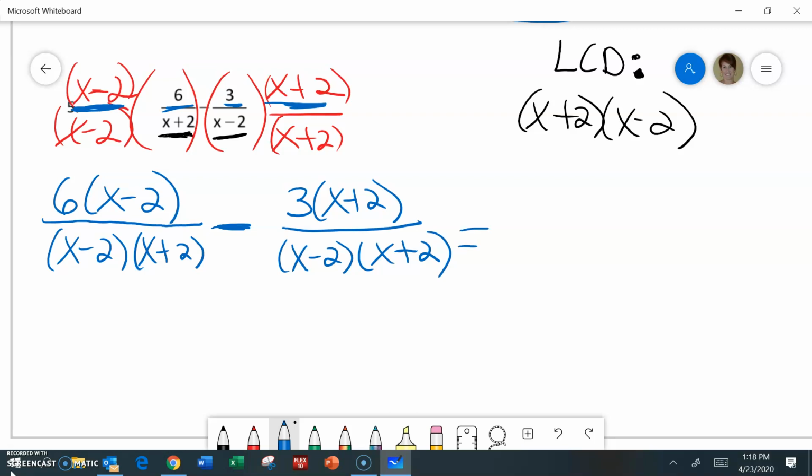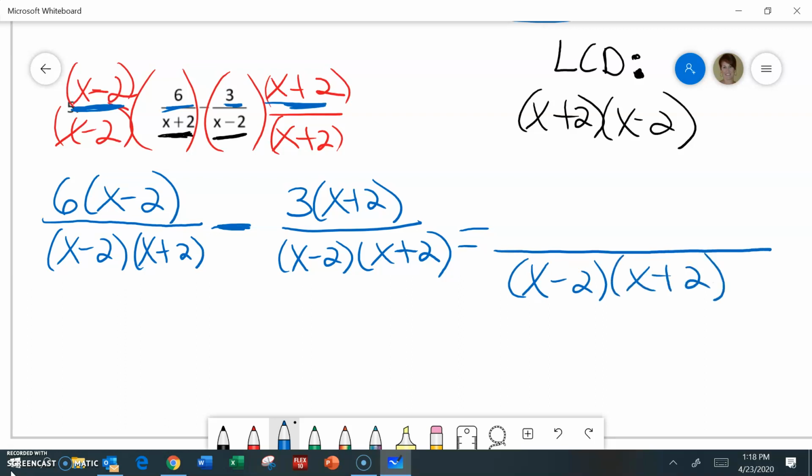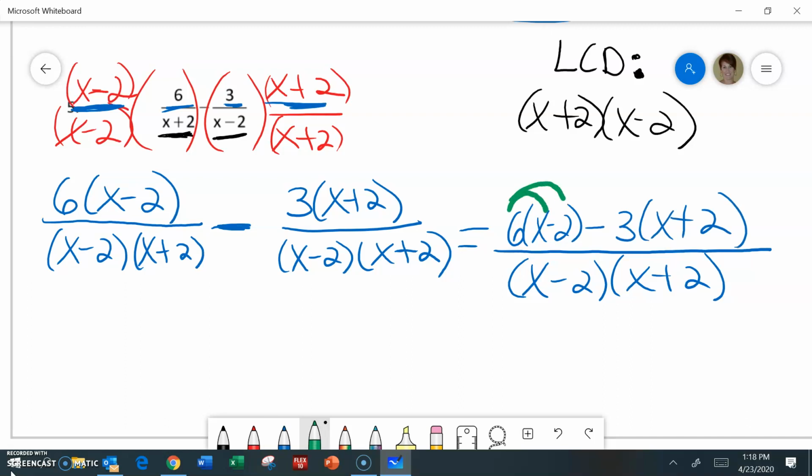So right now, I'm going to write this so that we have one fraction, meaning the common denominator is the same, so I can subtract. And I'm going to write this out in probably a longer way than some of you would do, just to show you since I'm your teacher. So right now, we're going to distribute 6 to the x minus 2.